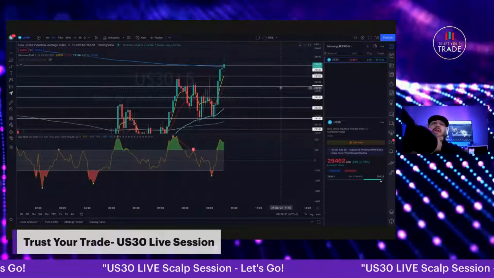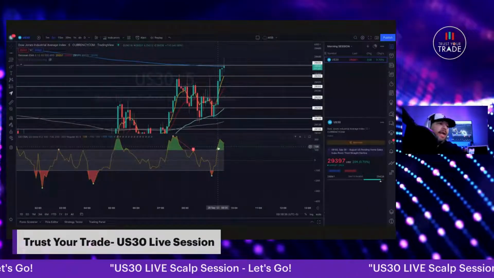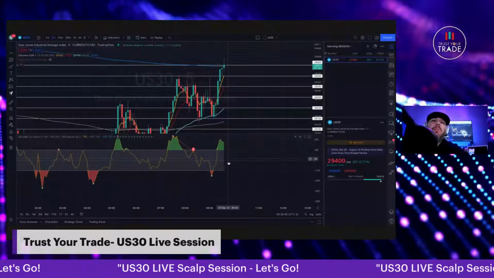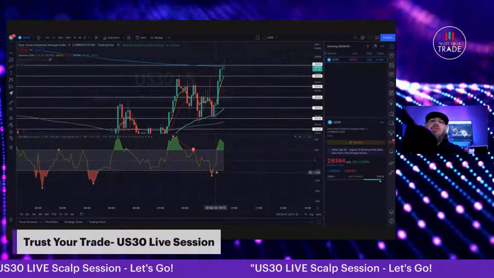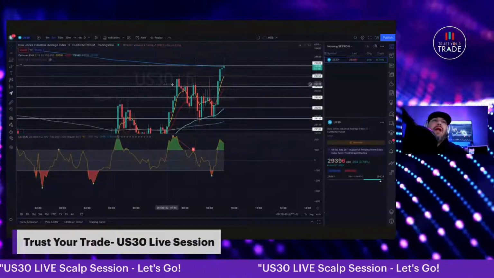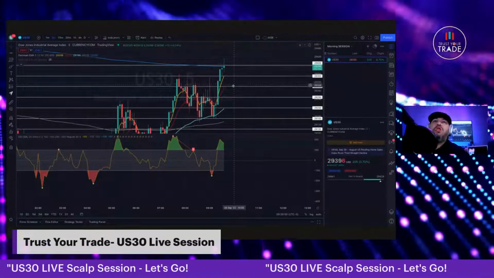Okay, so again, here's the deal. Okay, so when we look at where she's at overbought wise, we look at where could she potentially come back down to be oversold. I see a potential area right here at 29,300, maybe 100-point drop.